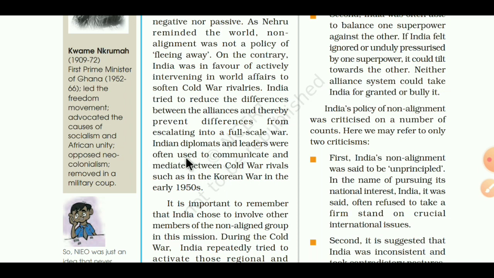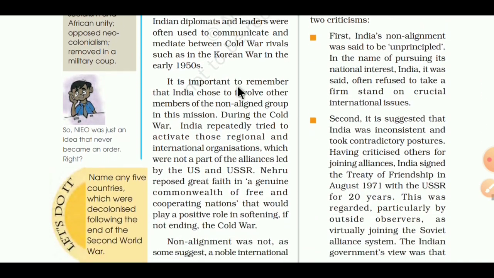India's diplomatic leaders also used communication and mediation. The Ministry of External Affairs also tried to intervene in Cold War rivalry, such as in the 1950 Korean War. At that time also, very crucial things happened.